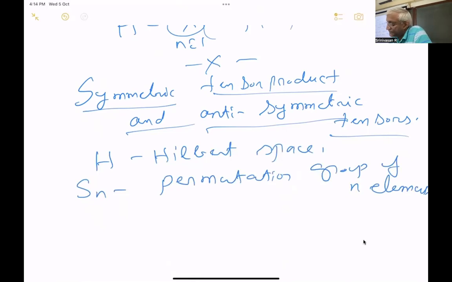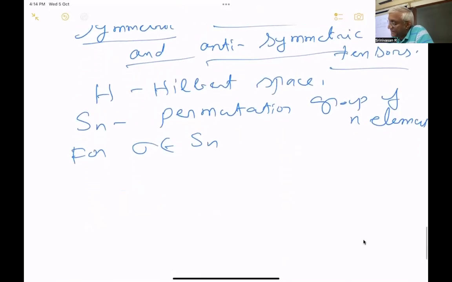Then for sigma in Sn, I have already defined it and am just redefining it again: you define U sigma from H tensor up to H, n times. You take the same Hilbert space.